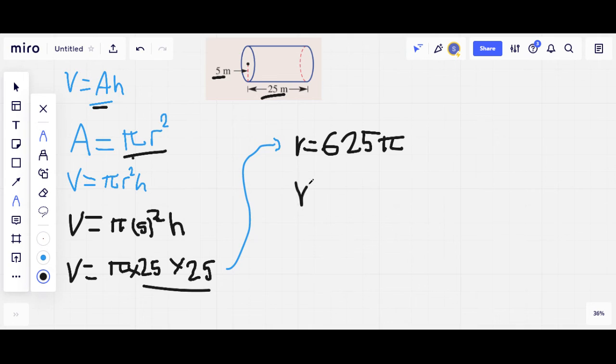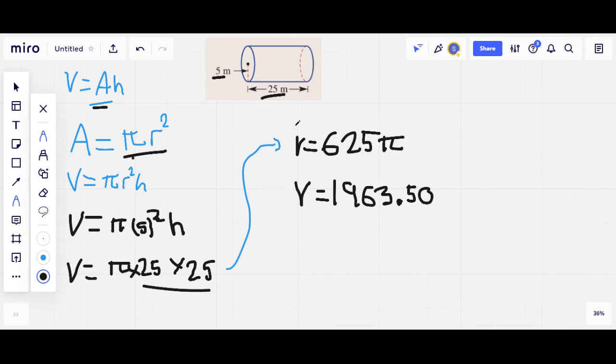So our volume is equal to 625 multiplied by pi, which rounded to 2 decimal places will give us 1,963.50. And this isn't an exact value, but this is just rounded to the nearest 2 decimal places.